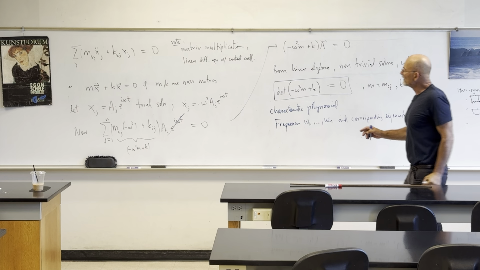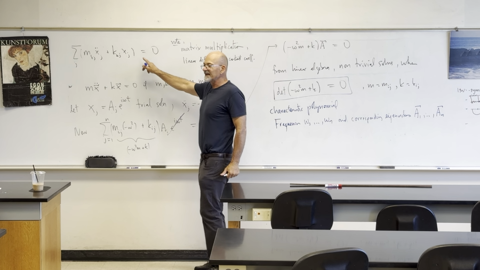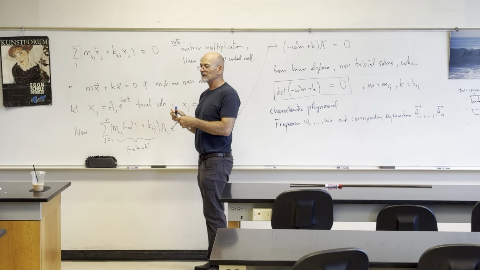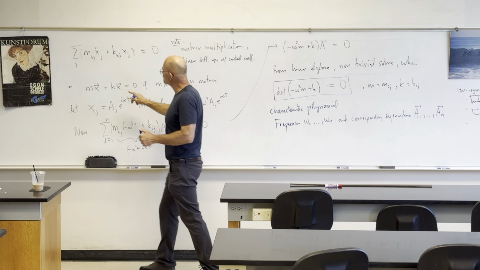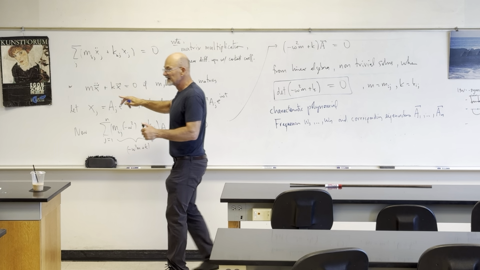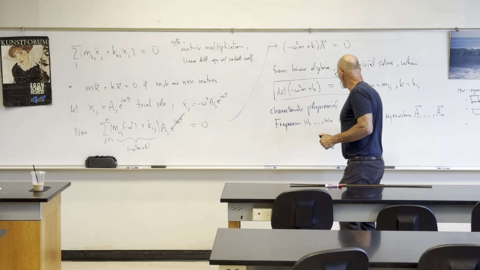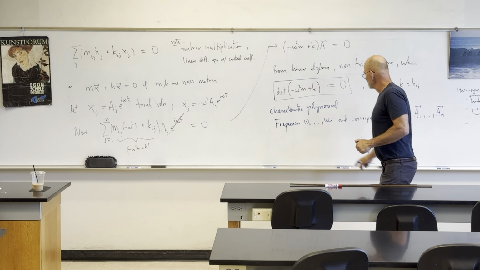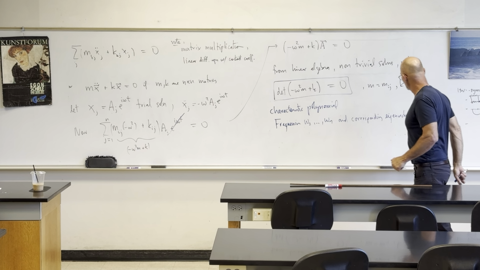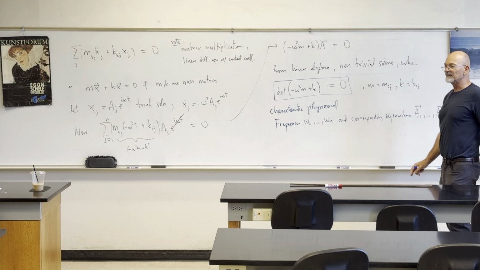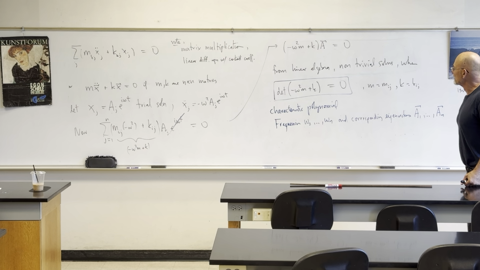So we did this once and for all. We don't actually have to write these out whenever we solve these problems. We have to do the construction that gets us the M and K, and we have to do the characteristic polynomial, and then get the frequencies, and if we want, we can also get the eigenvectors.